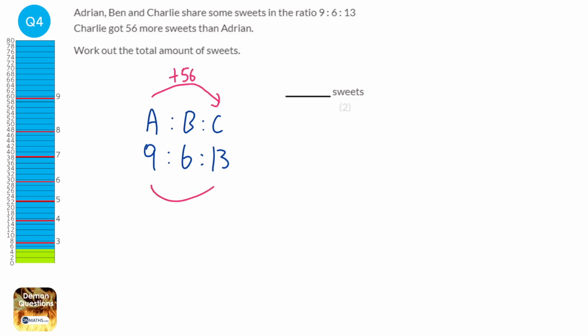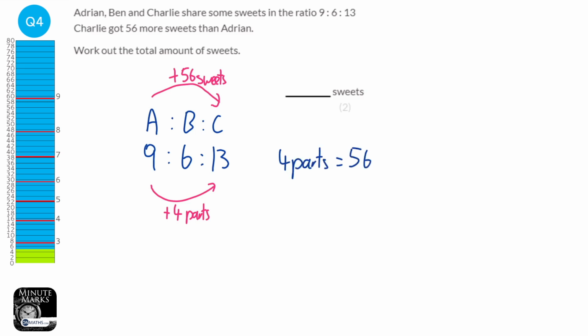Well, looking at the actual parts of the ratio, there are 4 more parts. So plus 4 parts, which represent plus 56 sweets. So 4 parts are worth 56 sweets. So 1 part would be 56 divided by 4, which is 14 sweets.